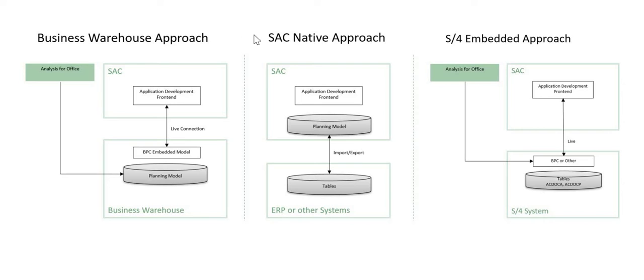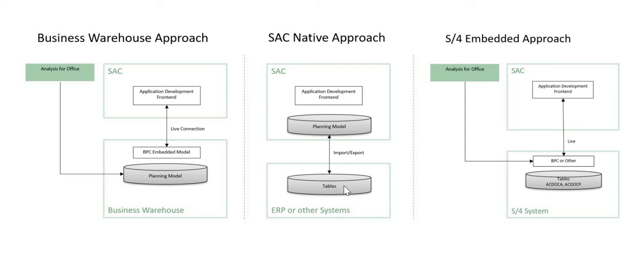Now coming to the next approach, where you don't have any concept of BW. It is a complete SAP SAC native approach. Here you have to build your planning model from scratch, and the source system can be any ERP, maybe an SAP system or a non-SAP system.